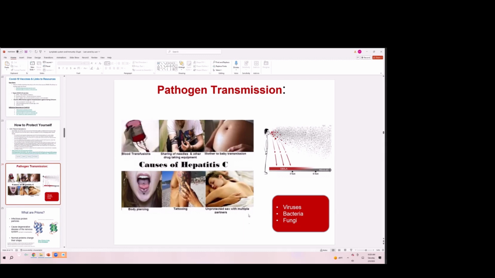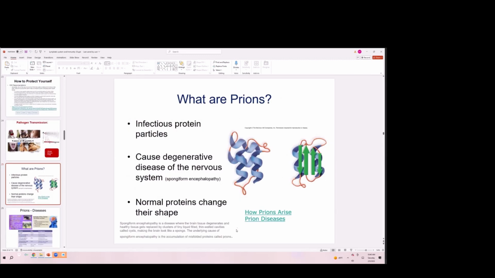And now let's shift forward and talk about the ones that I said were neither bacteria, fungus, nor viruses: prions. I say they are infectious proteins.